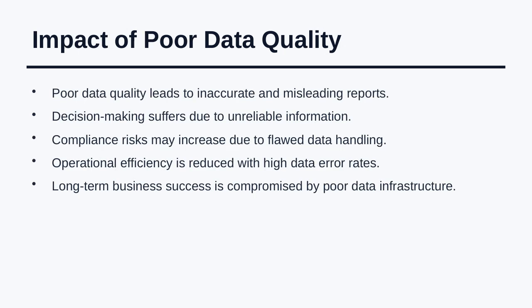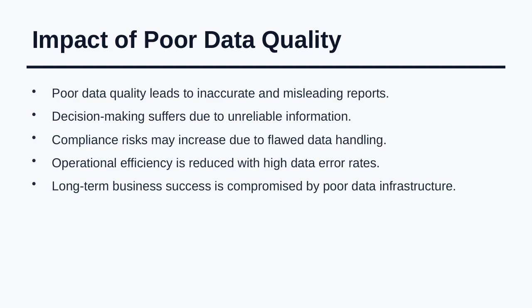When data quality is poor, it creates a ripple effect that impacts many areas of a business. Reports generated from flawed data become inaccurate or misleading, which means decisions made based on this information might not be effective or could even cause harm.